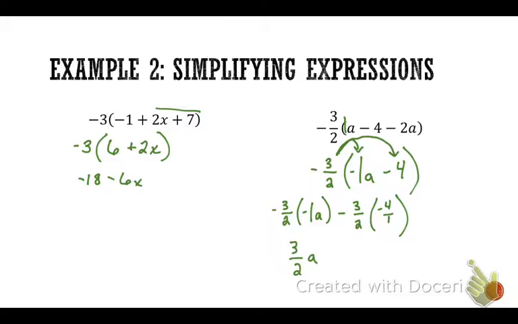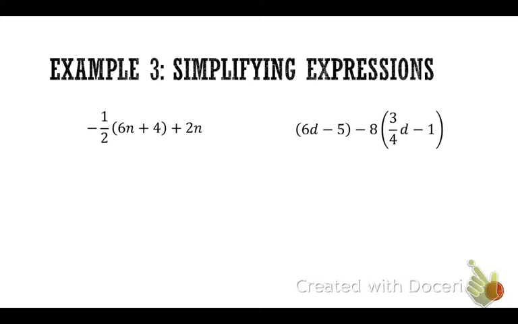Now what's 12 divided by 2? 6. So that's why it's +6 in my answer. I showed you this step. You do not have to write this step on your homework, your quiz, your test, but mental math-wise, that's what we're doing to come up with our answer when we multiply a whole number by a fraction and distribute.